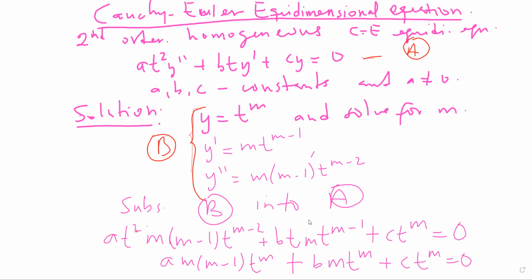Once you have that, you just have to factorize your t to the power m out. So you have a m minus 1 plus b m plus c is equal to 0.